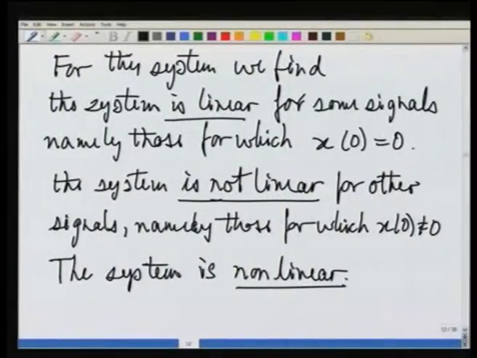And for a situation like this, as I have said, we will have to go by the principle that unless that property that we are testing for, such as linearity, is available for every input signal, we will not declare the entire system to be linear. We will say in fact that the system has failed the linearity test, that the system is not linear. This example is therefore a little unusual.